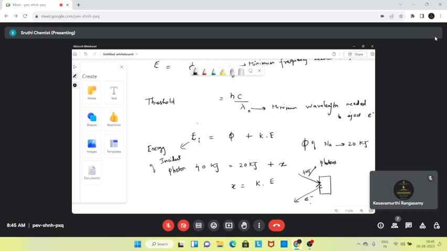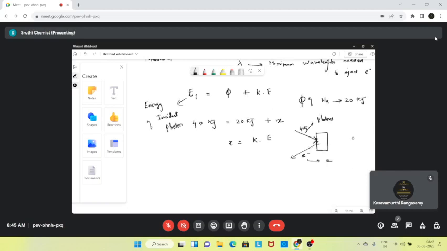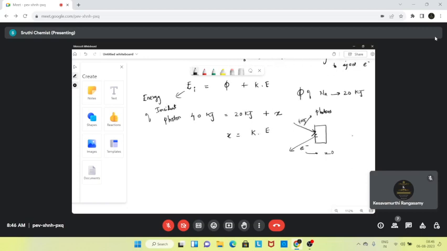The remaining 20 kilojoules is used for the kinetic energy of the electron, because the electron has to move everywhere, no? So the remaining 20 kilojoules of kinetic energy is your energy of motion. Is it clear so far? Is there any doubts? No, ma'am.